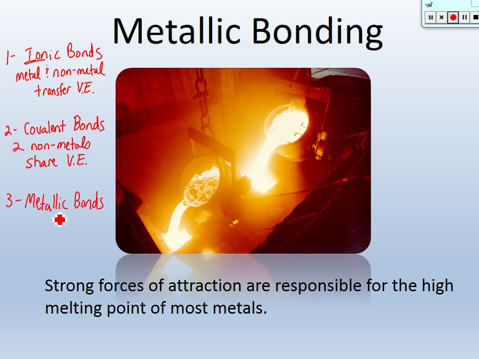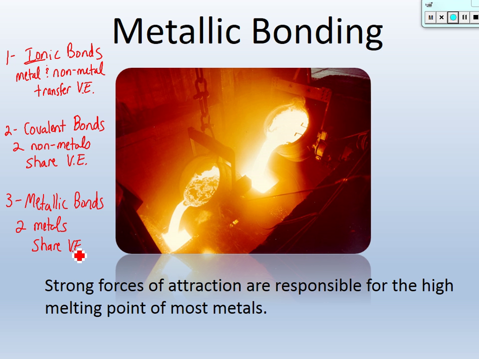Well, it's kind of obvious that they occur between two metal elements, two metals. So if you're looking at the periodic table, it would be two elements below the staircase. And they also share their valence electrons. Okay, so that's kind of a good review on chemical bonding.